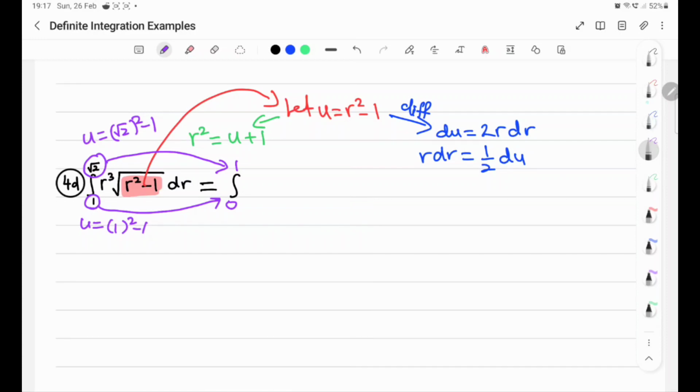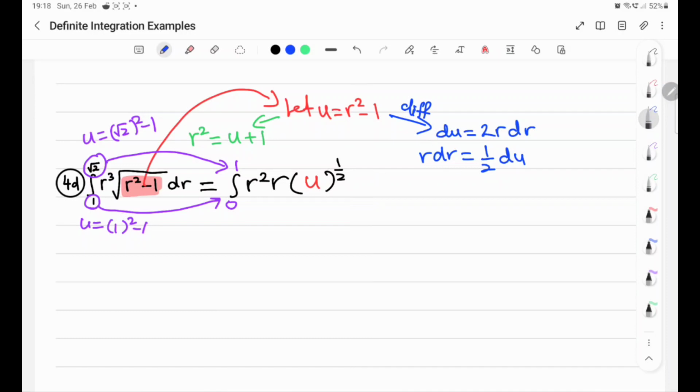What's next? We have r cube here. So r cube is actually r squared multiplied by r. And then the square root is bracket power half, and the u here we replace already.